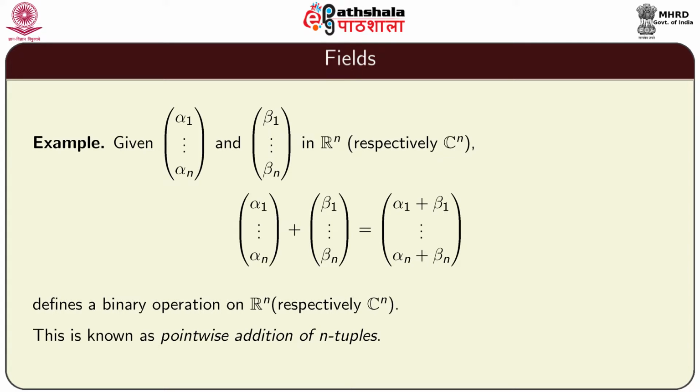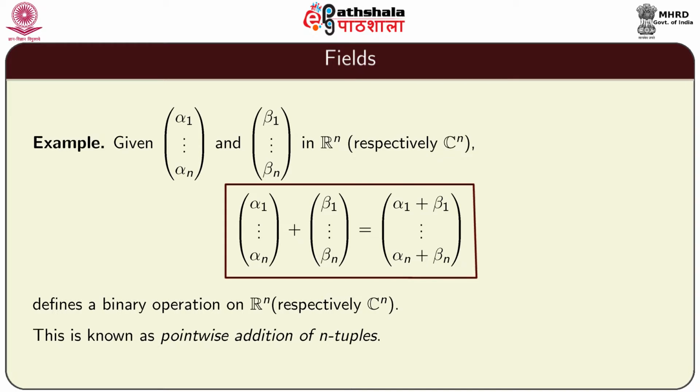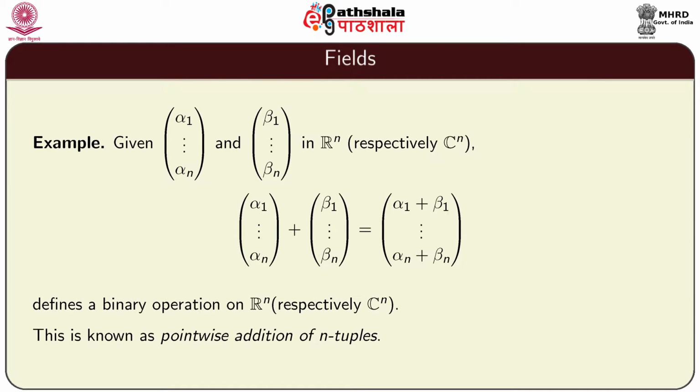This is just a matter of convention and convenience, and we can define (alpha 1 to alpha n) plus (beta 1 to beta n) as (alpha 1 plus beta 1, etc., alpha n plus beta n). This is also a good binary operation, a very natural one on R^n respectively C^n.